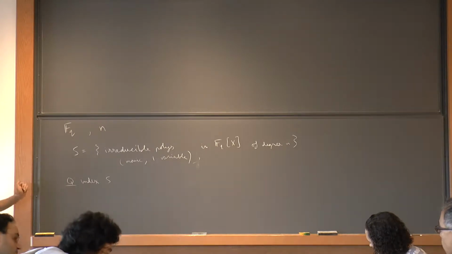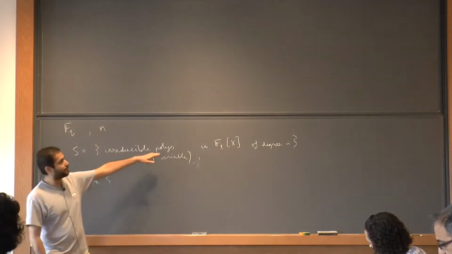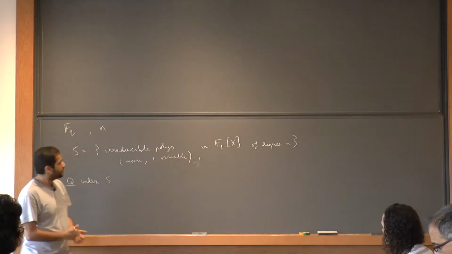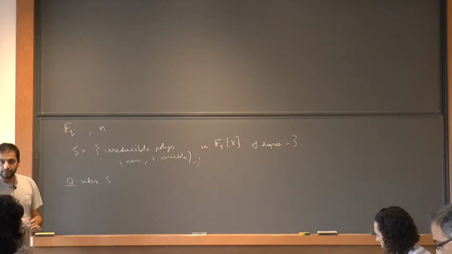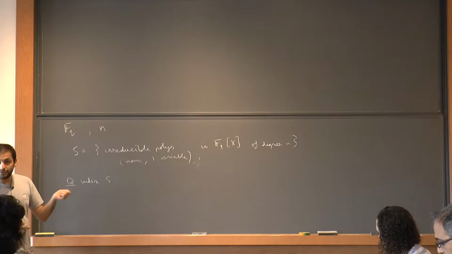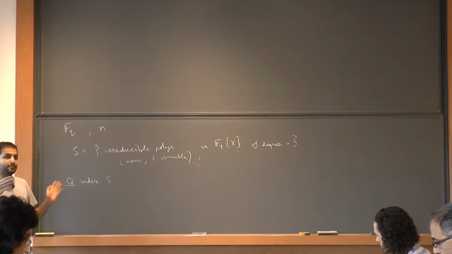So S is a set of irreducible polynomials of degree n, monic, and we want to index it. So find a way of giving names to all the irreducible polynomials, 1, 2, 3 up to something.